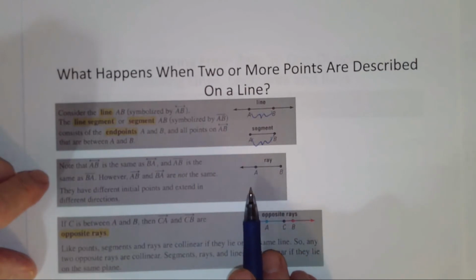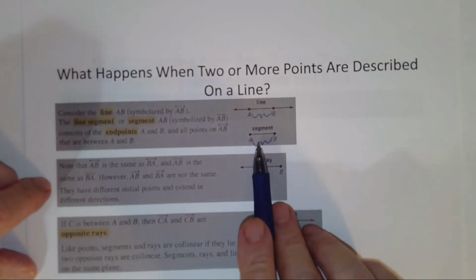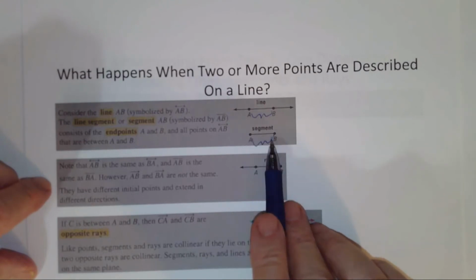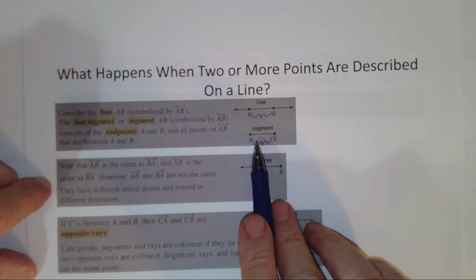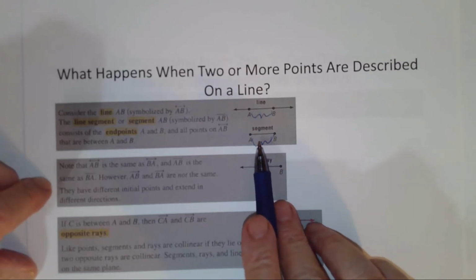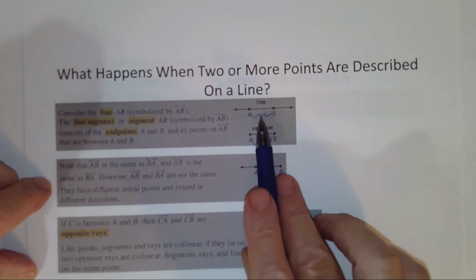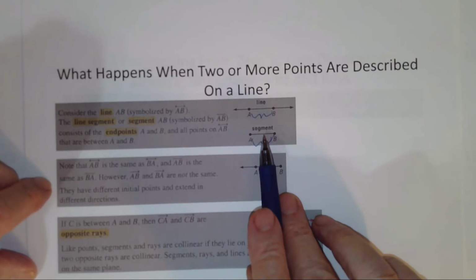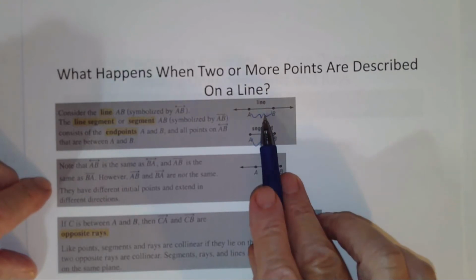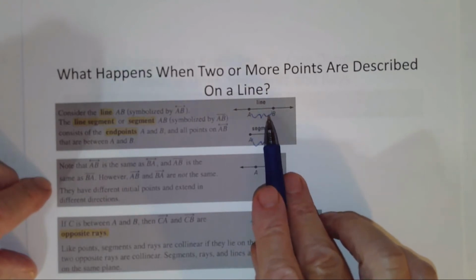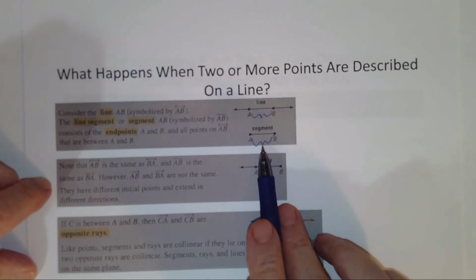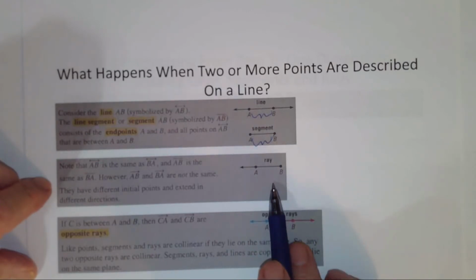Also, line segment AB, I could switch those around because the endpoints are the same in makeup. Okay, so we can call this either line AB or line BA, and we'd be correct. We could call this line segment AB or line segment BA and be correct. But this ray we have to call ray BA.